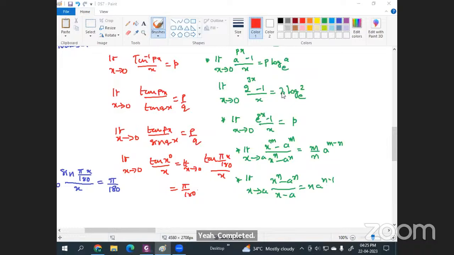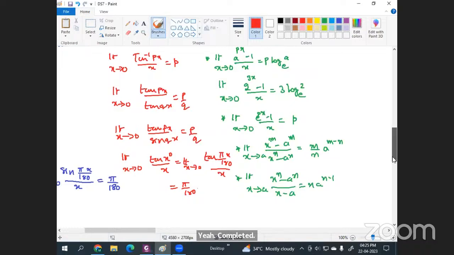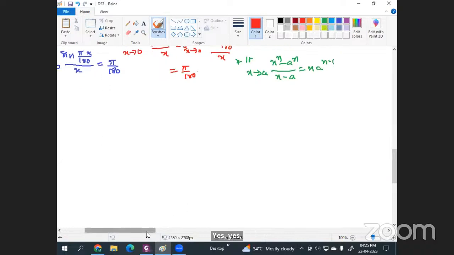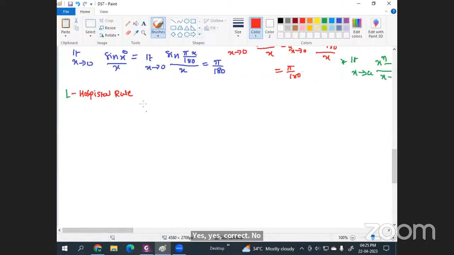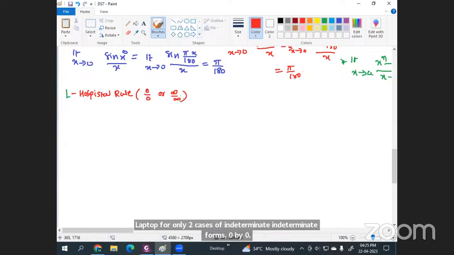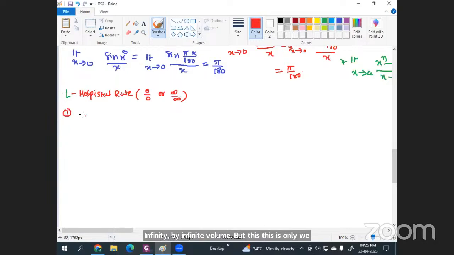Yes, yes, right. Now, L'Hopital rule. L'Hopital rule is used only for two cases of indeterminate forms, 0 by 0 or infinity by infinity. Only for these cases we have to apply the L'Hopital rule. Also, if you get directly 0 by 0, you can apply the L'Hopital rule.